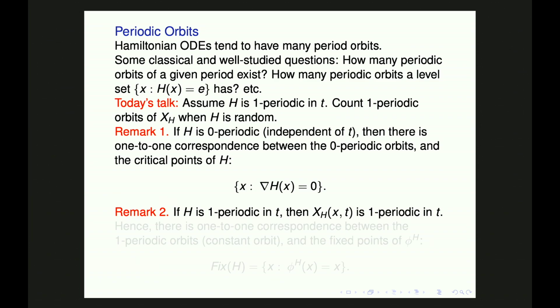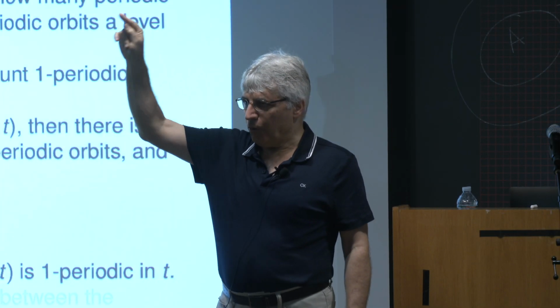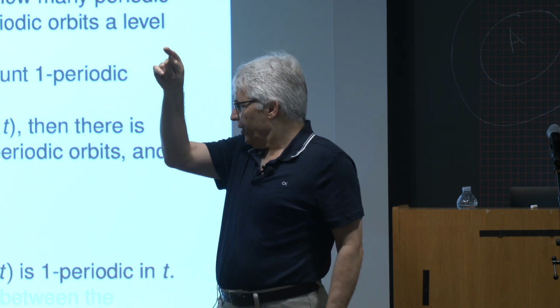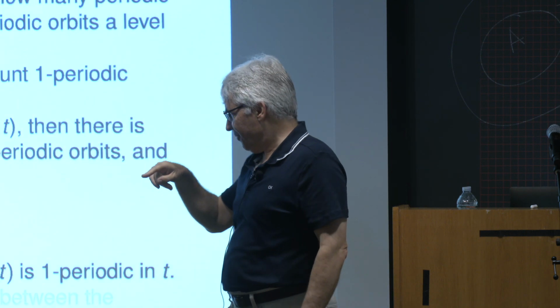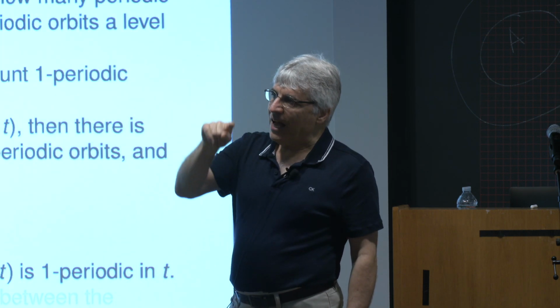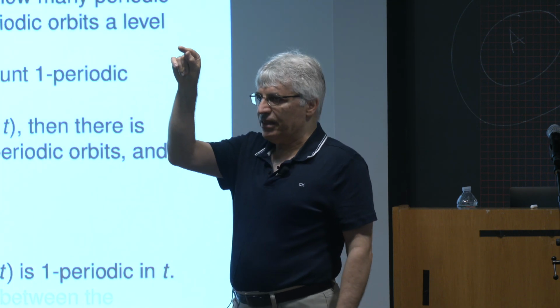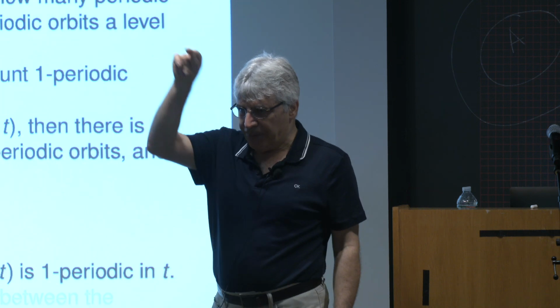And let me argue that if H is one periodic, then the vector field is one periodic. And remember, you're looking now for one periodic orbits. That means you start from a point A, you go for 1 unit, and you wonder whether after 1 unit you are back to the same place and repeat yourself. And in fact, if after 1 unit of time you're back to where you started, since the vector field is periodic, you're going to see the same vector field. Therefore, you keep repeating.